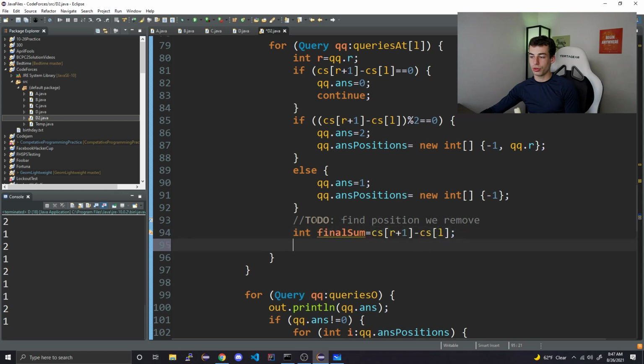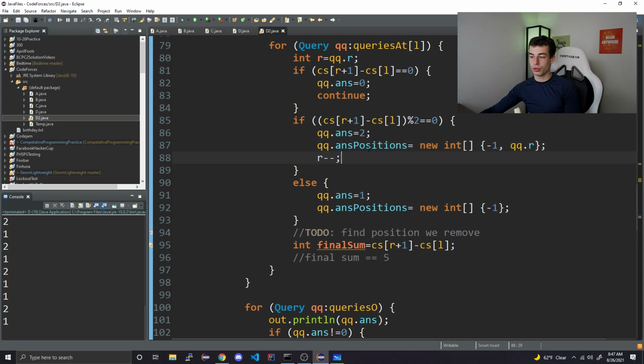We want to know when the sum is the first time it's, yeah, so let's say the final sum is like 5. Oh, in this case, we should probably say R minus minus, because we're removing the last thing. Okay, so the final sum is 5.